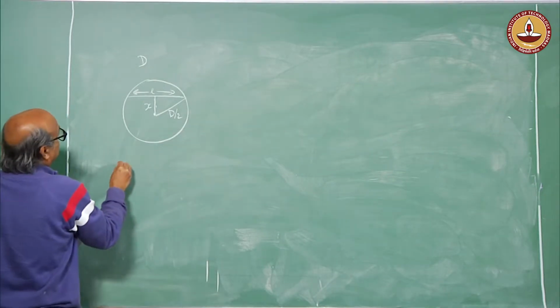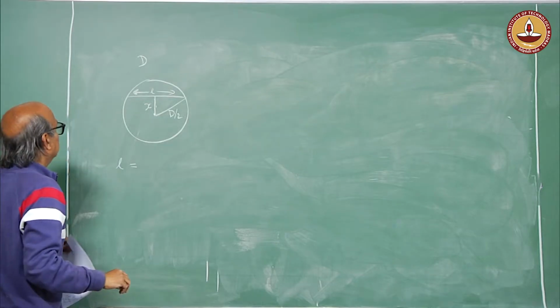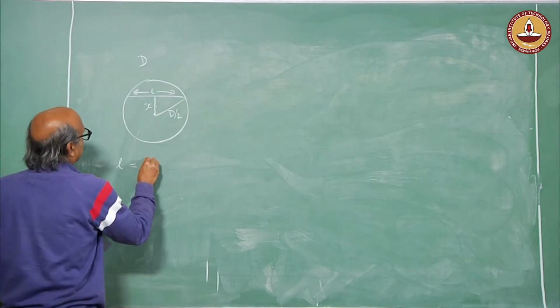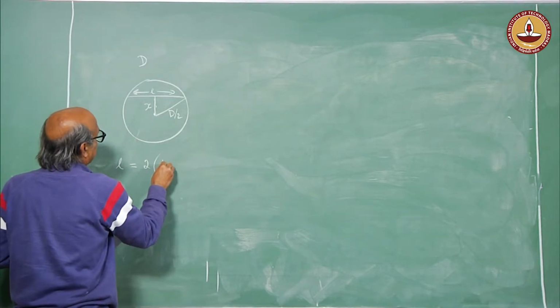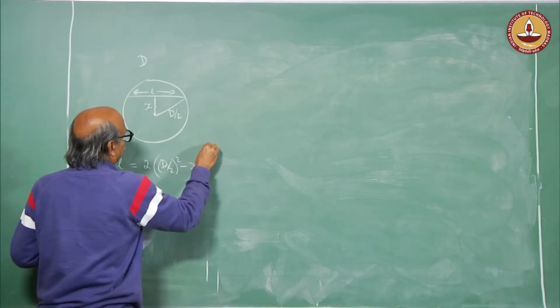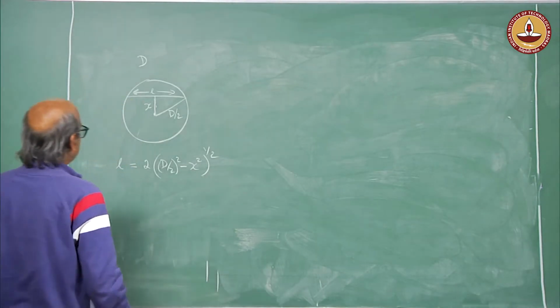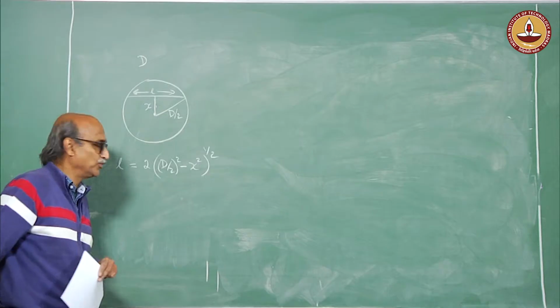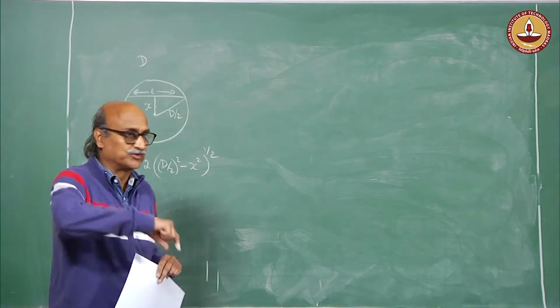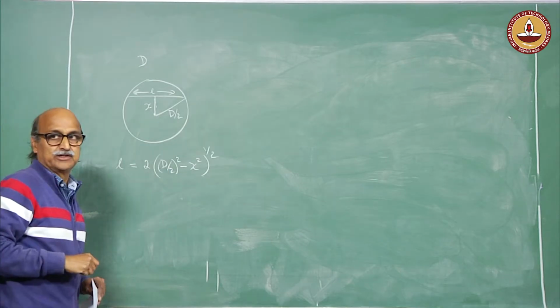So, clearly I can write the intercept length in terms of d and x: 2 times d by 2 square minus x square to power half, and twice of that because this will give me just half the length. So, make it twice.